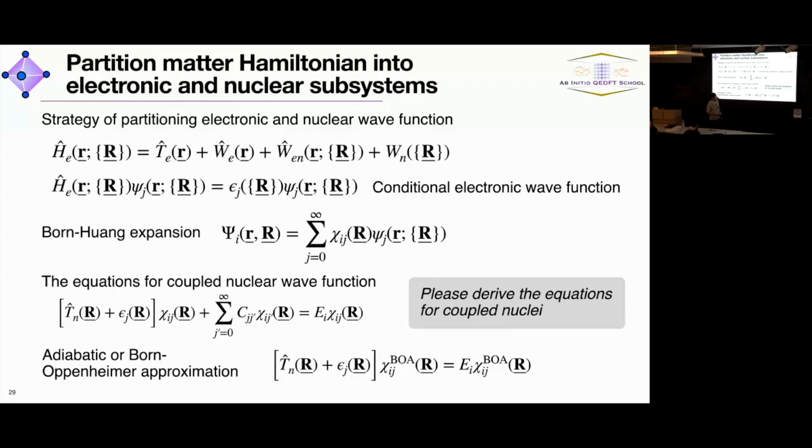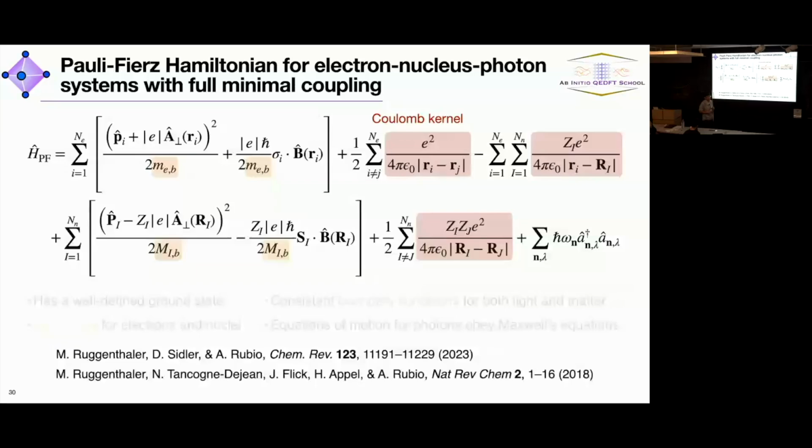Okay, so this is everything I wanted to provide you to go through the first slide. The question now for you is, if I start from this Pauli-Fierz Hamiltonian, but before we go into the question, something I want to ask you is, what does this mass mean? Is it a physical mass or a bare mass?